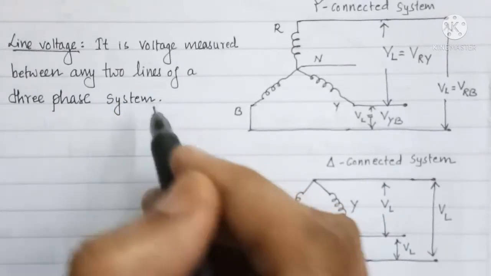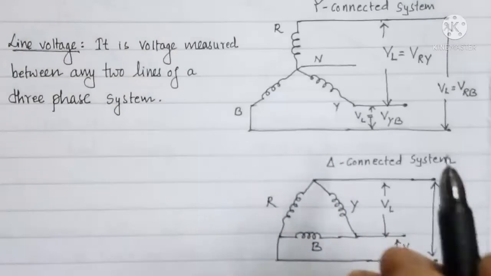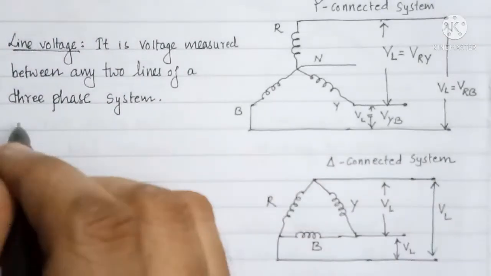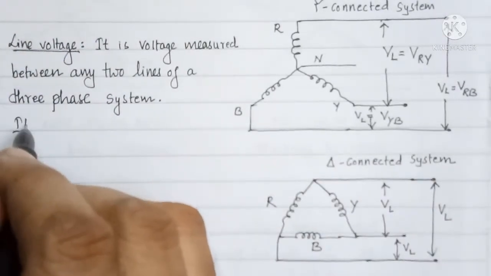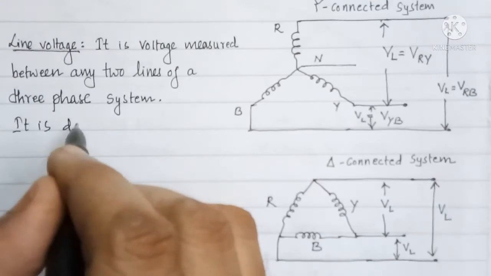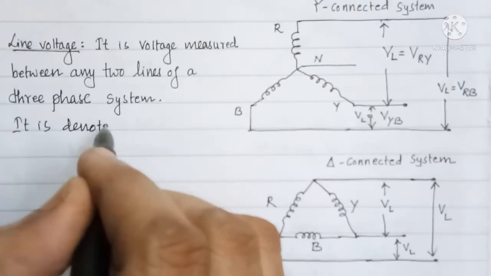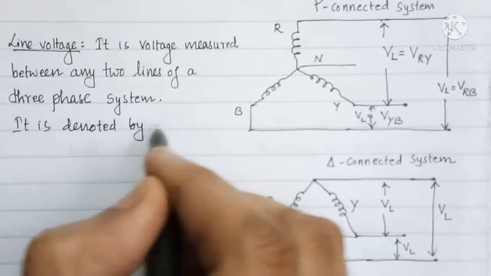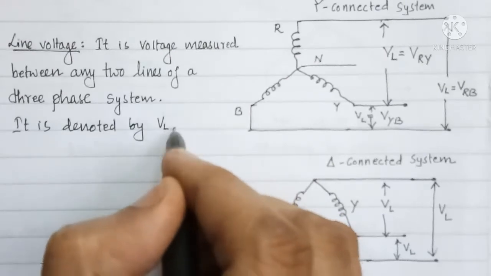Three-phase system may be here star connected or delta connected. It is denoted by VL.